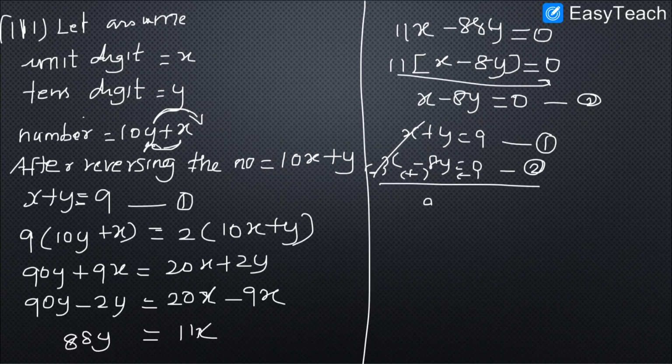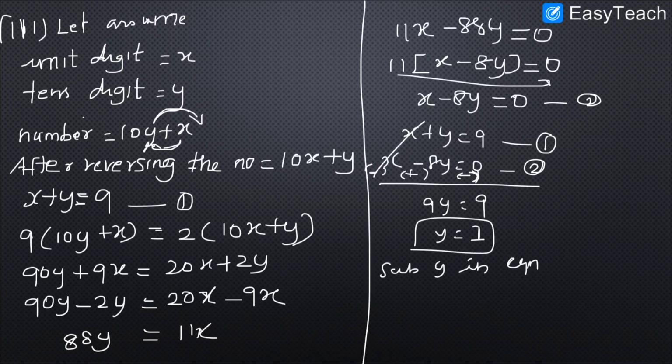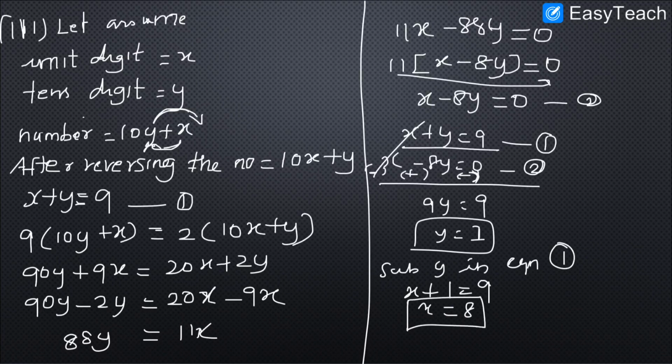So 9y equals 9, so y equals 1. Then let's substitute the y value in equation 1: x plus 1 equals 9, so x equals 9 minus 1, which is 8.